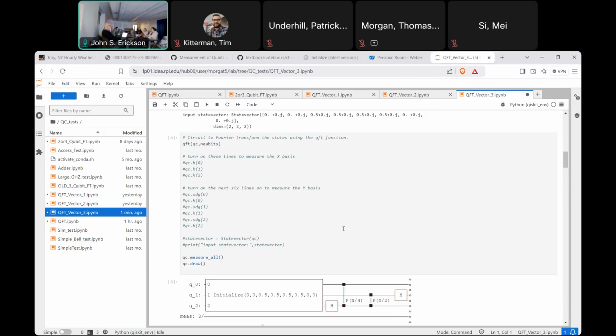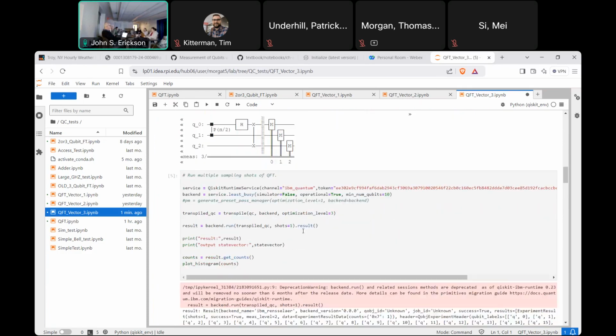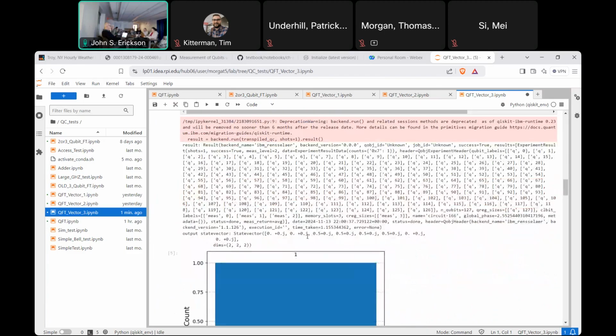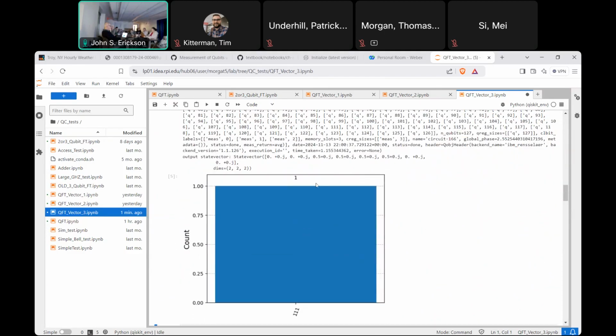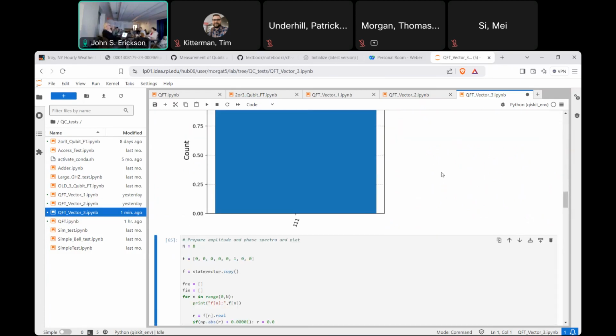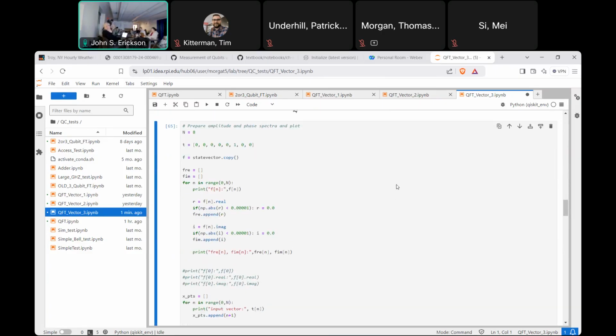No, this is the input that's turned off. That's the input. Yes, print result, print output state vector. And this is interesting. You ran it with one iteration. Well, it's 5 o'clock. Okay. Well, that's told me something here.